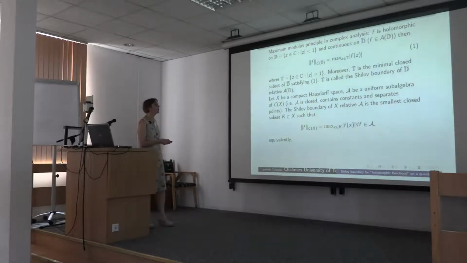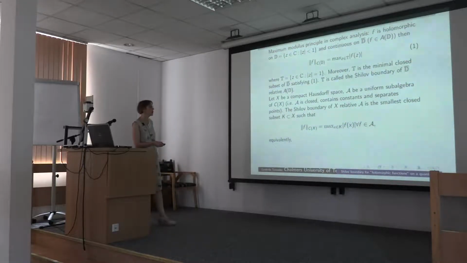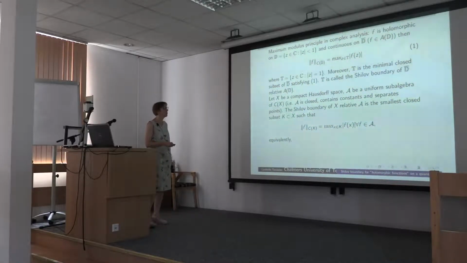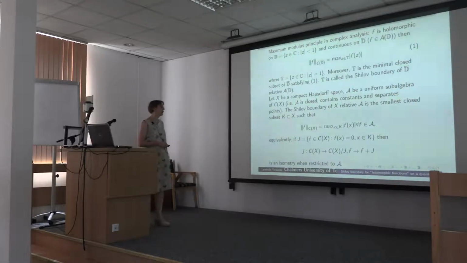The Shilov boundary of X relative to this algebra A is the smallest closed subset K in X such that the maximum norm of a function f in A is equal to the maximum of f on this closed subset. I will need an equivalent reformulation.